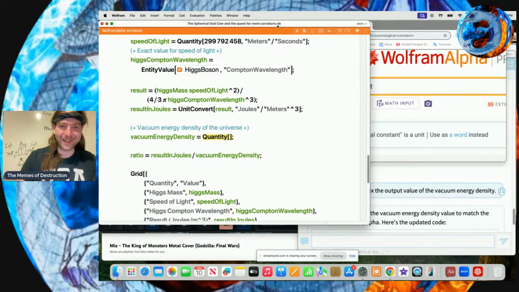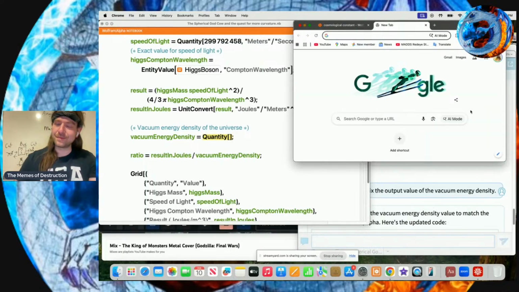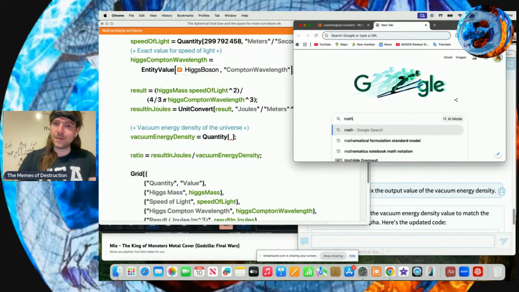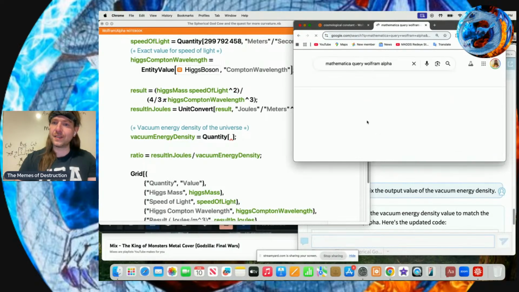Oh, is it shift? No. Mathematica query from Alpha.